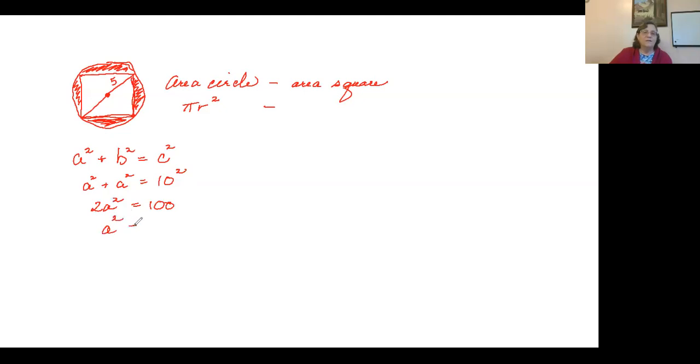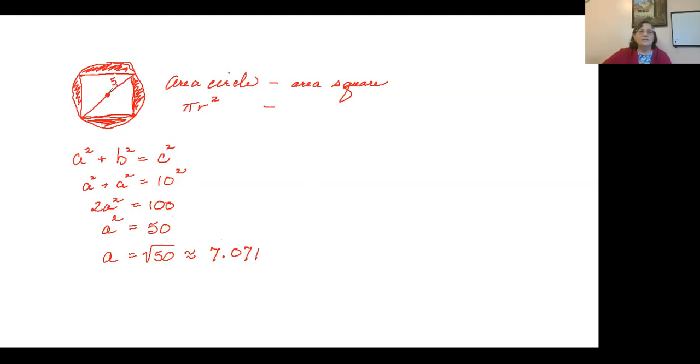A squared, when I divide by 2, is going to be 50. So a is going to be the square root of 50, which is approximately 7.071.